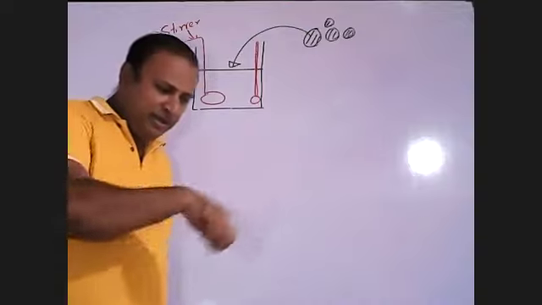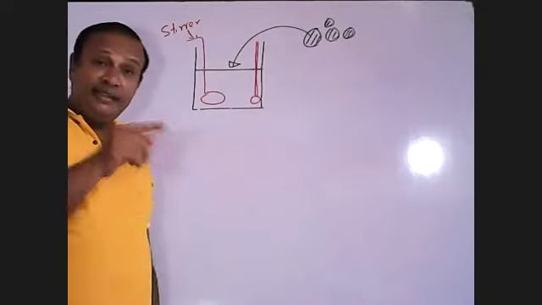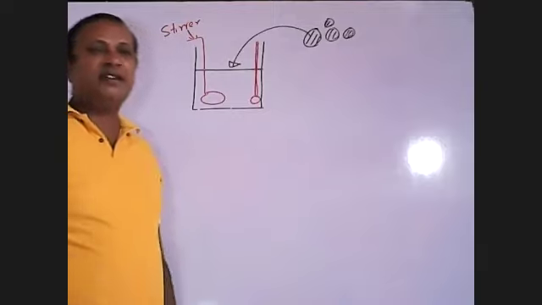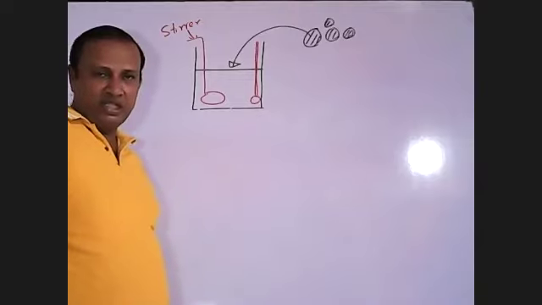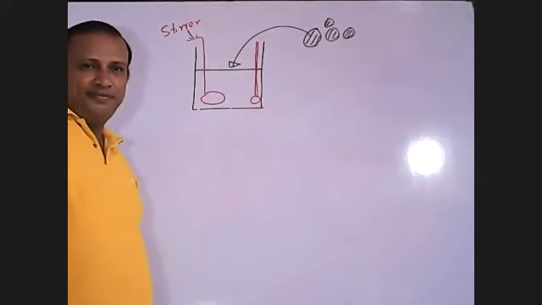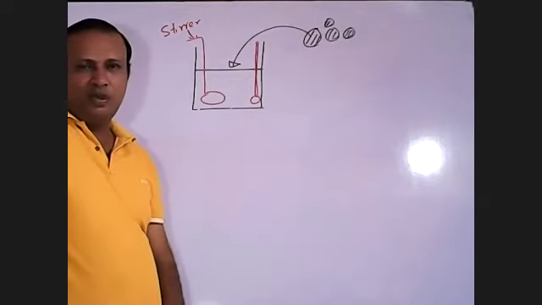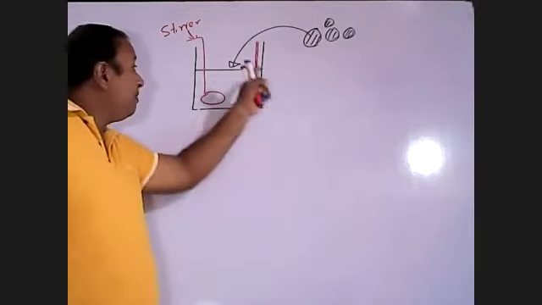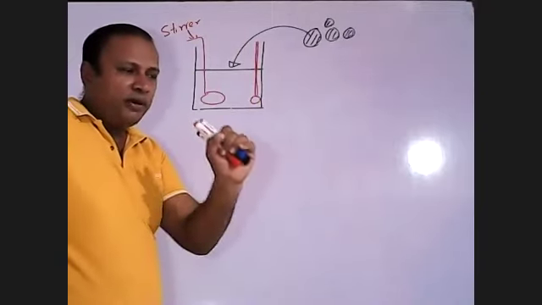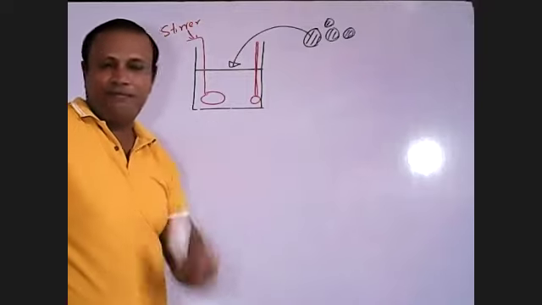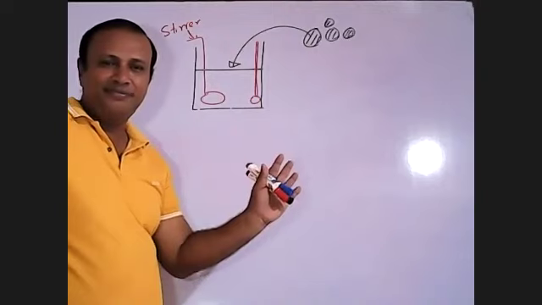Then we will stir the water and get the highest or maximum temperature of the system. Okay, that word is very, very important. You have to get the maximum temperature reading. If you write the word final temperature, it will be no marks.